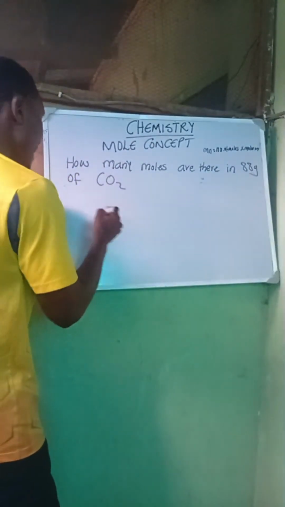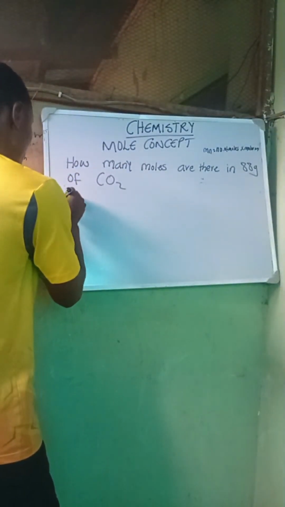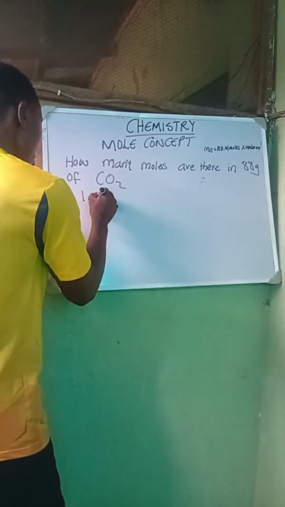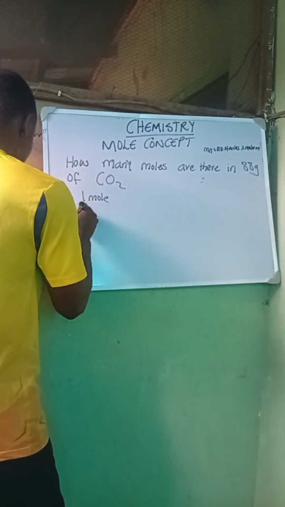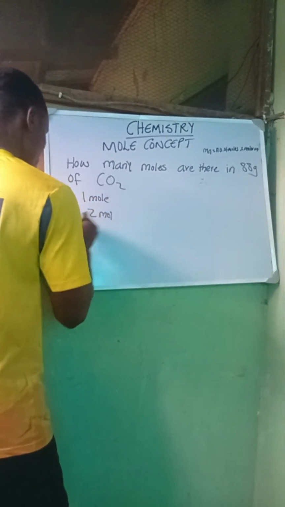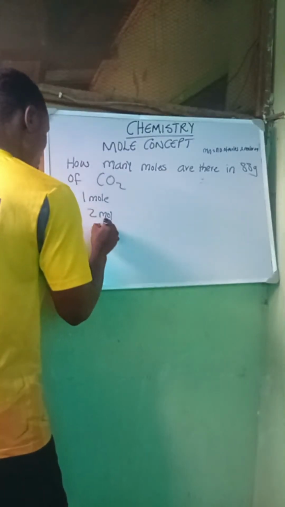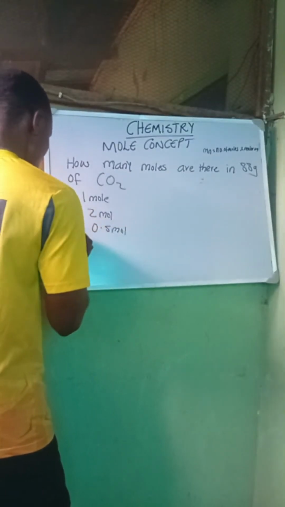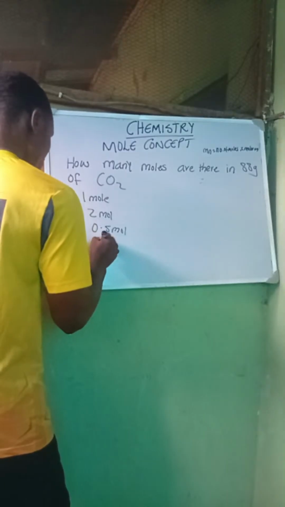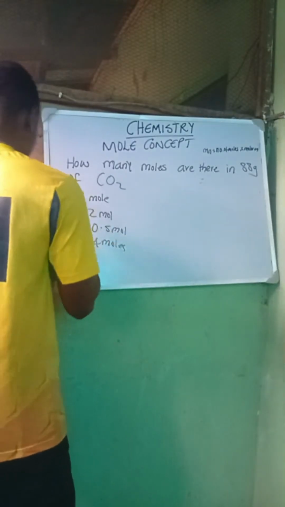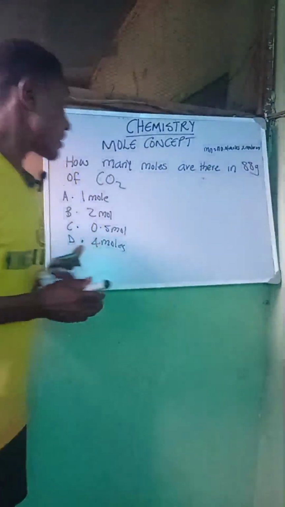A, we have 1 mole. B, we have 2 moles. C, we have 0.5 moles. And D, we have 4 moles. How many moles are there in 88 grams of CO2?